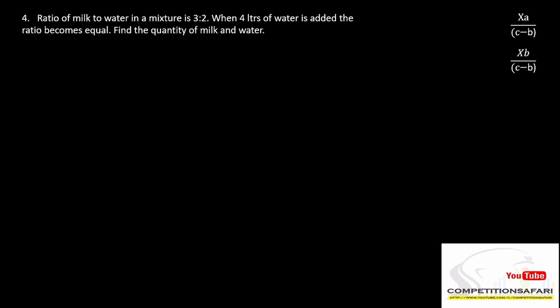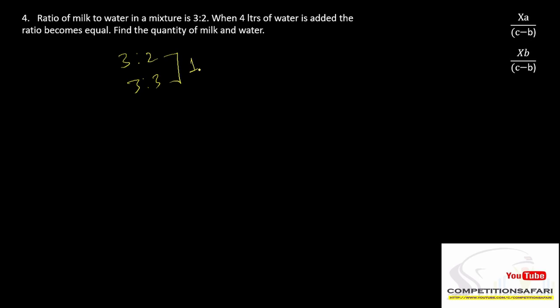The ratio of milk to water in a mixture is 3:2. When 4 liters of water is added, the ratio becomes equal. Find the quantity of milk and water. Let's see. The ratio is 3:2. Now the ratio becomes equal, which means 3:3, by adding just 4 liters of water.